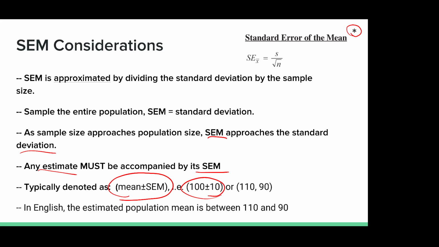But you should interpret that as the mean, the population estimate, in this case the mean, falls between 110 and 90. That's what we mean. We're not saying that the mean is 100, but we're saying, due to the standard error of the mean, that we would expect you to find that mean between 110 and 90 inclusive.